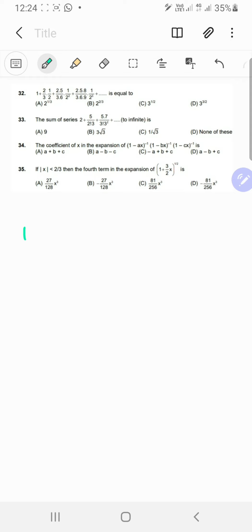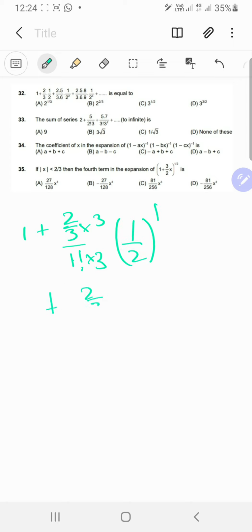So it's going to be 1 plus 2 by 3 upon 1 factorial for sure. So 2 by 3 into 3 upon 1 factorial into 3, and then you got 1 by 2 raised to the first power. Then you have 2 by 3. Yeah, that's actually correct.